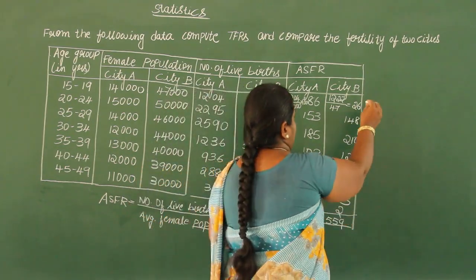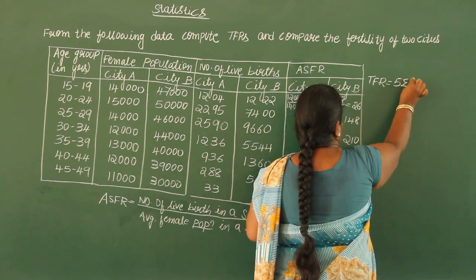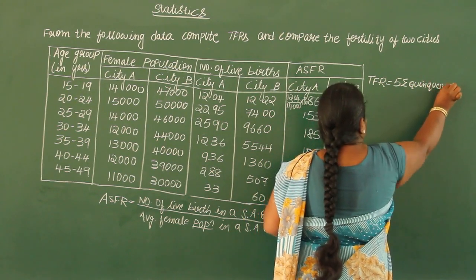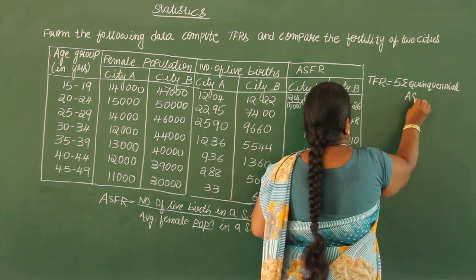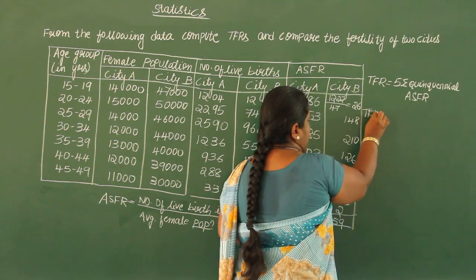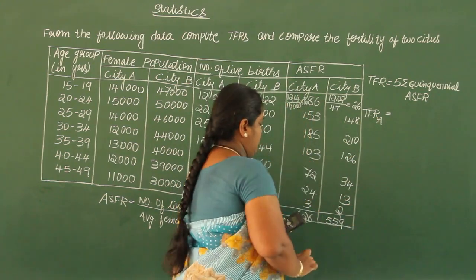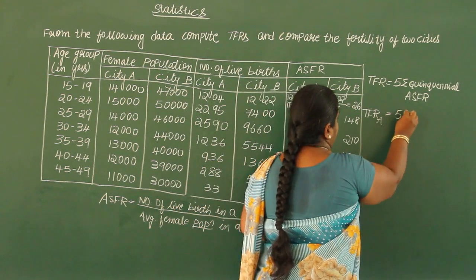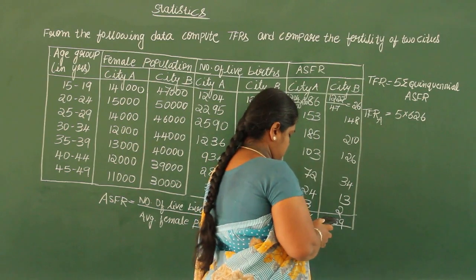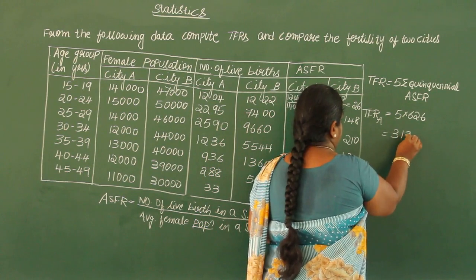After that, write the TFR formula. So TFR is 5 sigma quinquennial ASFR. Then we have to calculate TFR for city A. So write it as TFR A. It is 5 into 626. So 5 into 626 is 3,130.